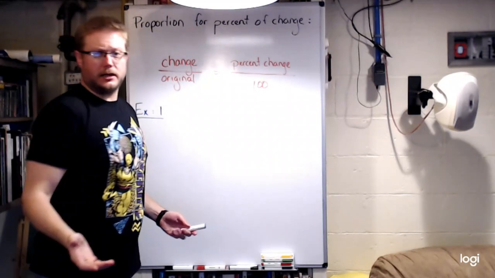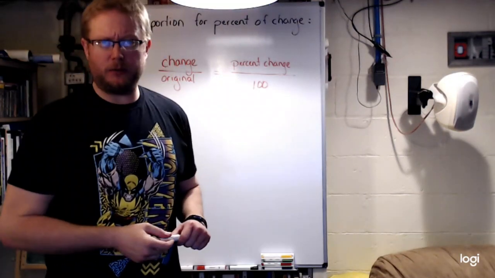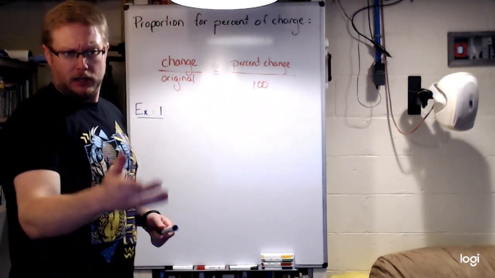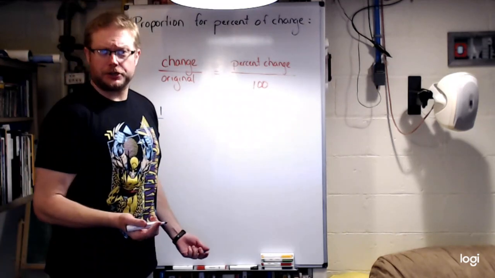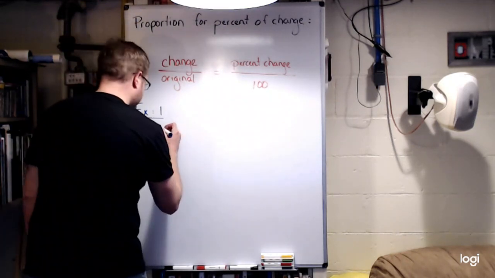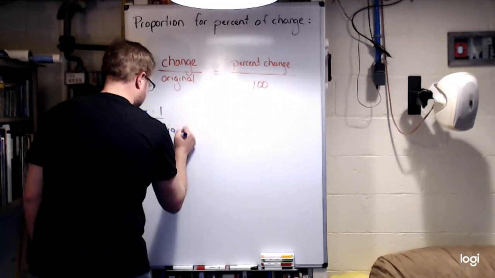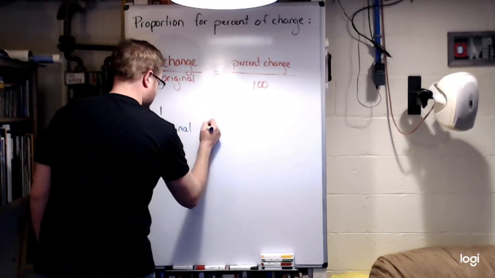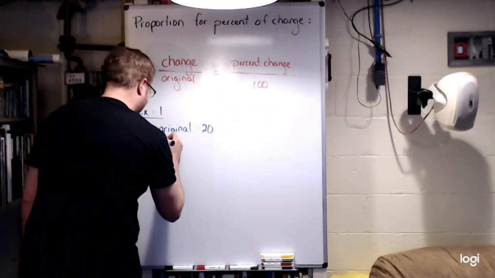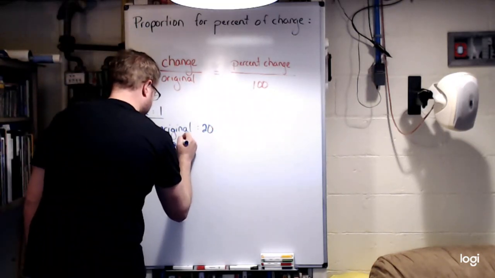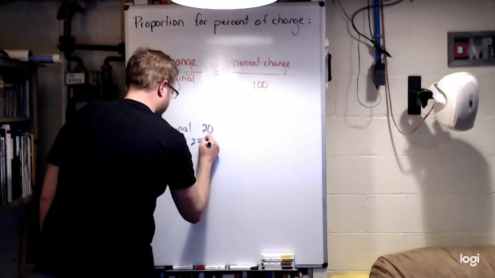If you're working on the assignment with me and you're on page 119, let's look at example 1, part A. It says, the original amount was 20. The new amount, or the final amount, was 23.